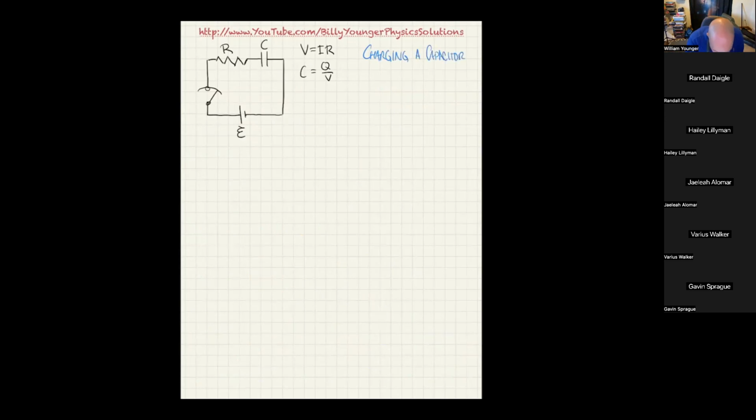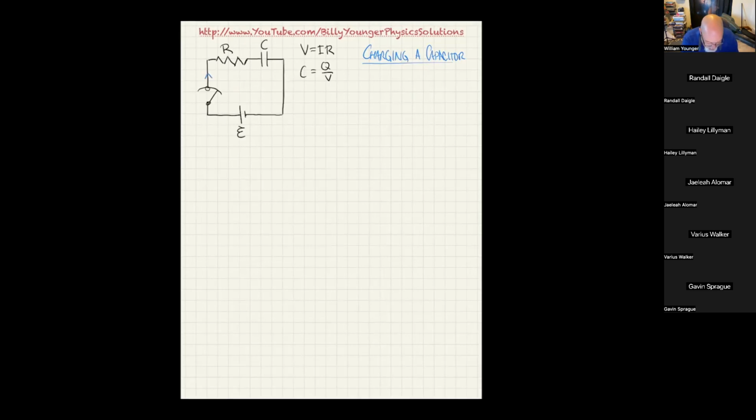Now you can look at my YouTube channel to see the derivation of this, but basically we can use Kirchhoff's loop rule to calculate the change in voltages for each of these elements as we go around the circle. Of course, we have to use V equals IR to find the voltage drop across the resistor given the current I. And of course, the current I specifically means it's going this way when you first close the switch.